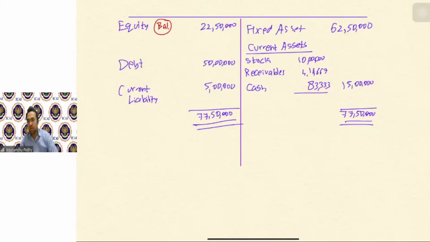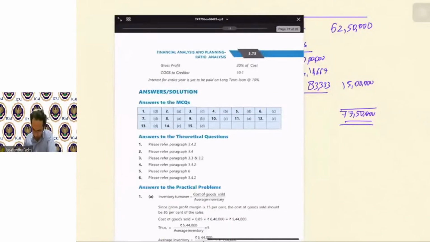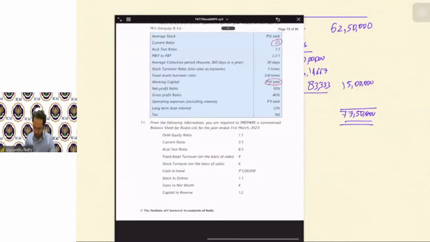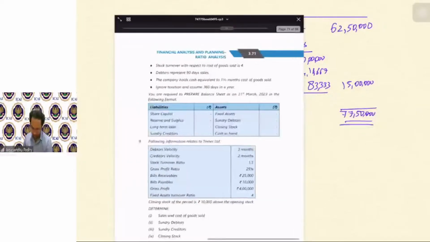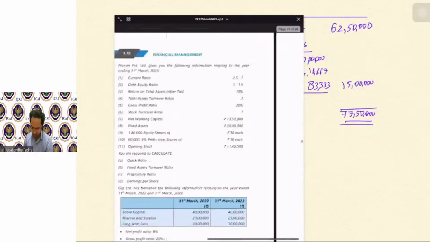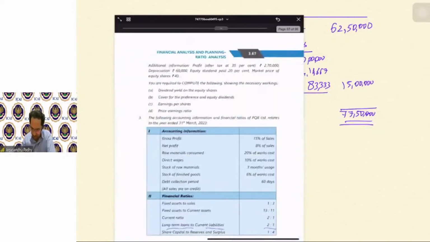We have question 10. Fine. So question 10 is good to go. Now, let us look at some other type of questions, wherein you need to compute the ratios, which are pretty simple.